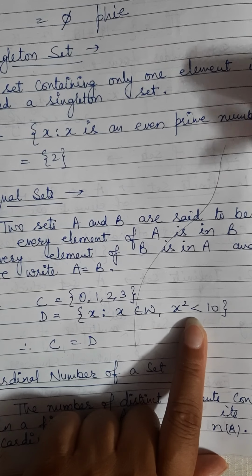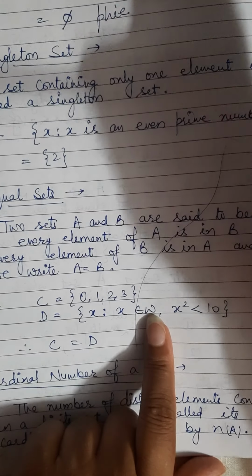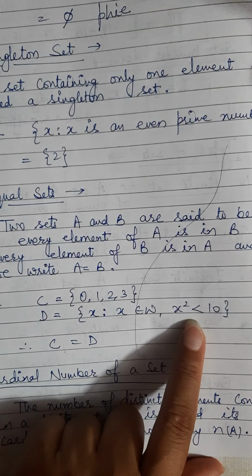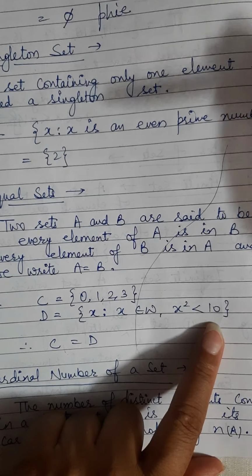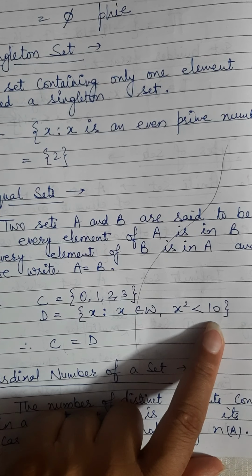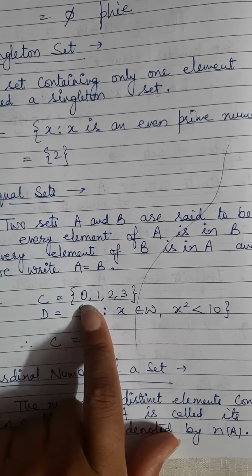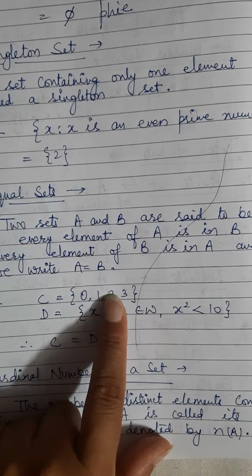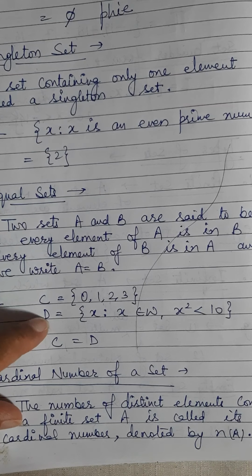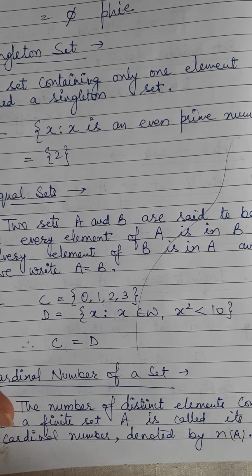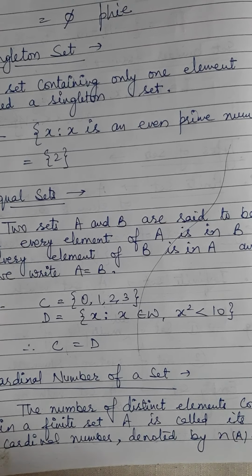Whole numbers start from 0, so square of 0 is 0, square of 1 is 1, which is also less than 10. Square of 2 is 4, it is also less than 10. Square of 3 is 9, it is also less than 10. So the numbers we get are 0, 1, 2 and 3. So you can see here that C and D sets are equal because the number of elements are the same and they both have the same elements.